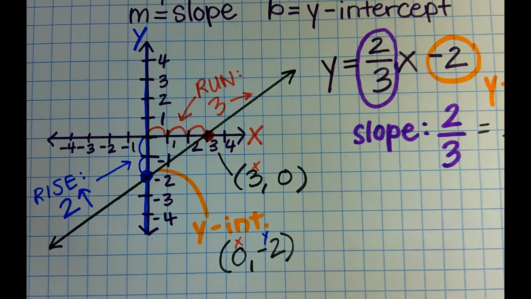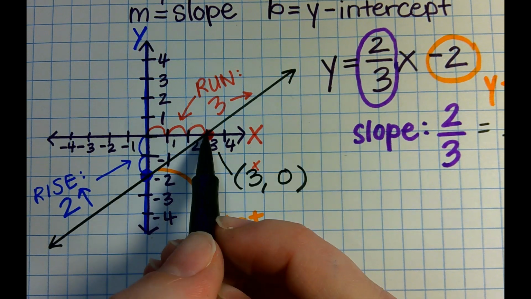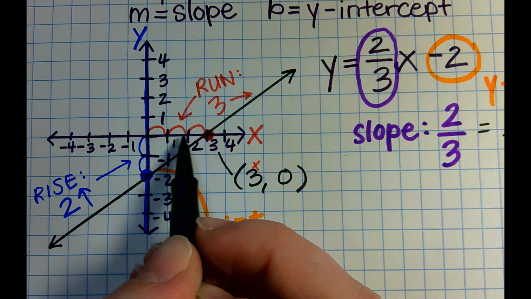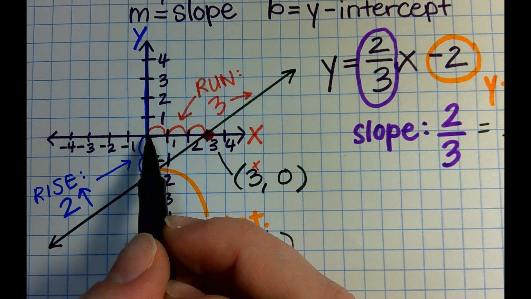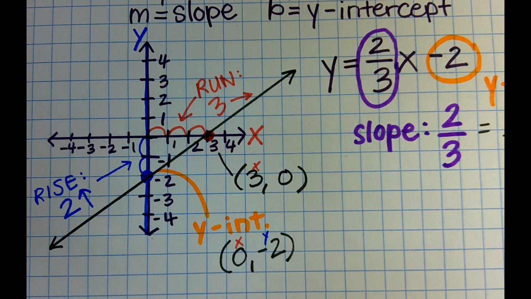And then our y value, if I were to take this point and trace to the y-axis, it lands at 0 on the y-axis. Because I would have thought when you say rise, you would start from 0 and rise up 2 and then over 3. Right.